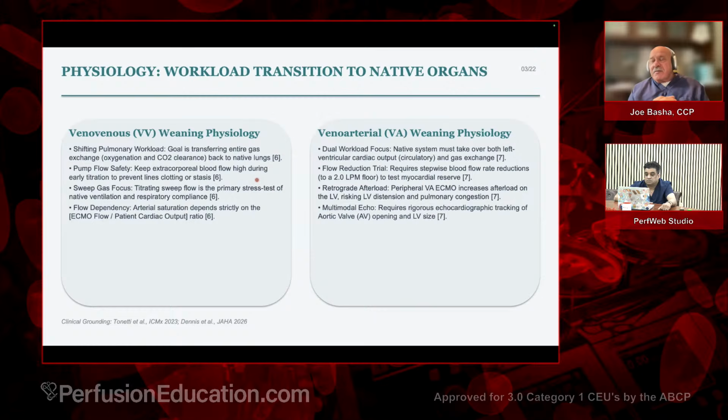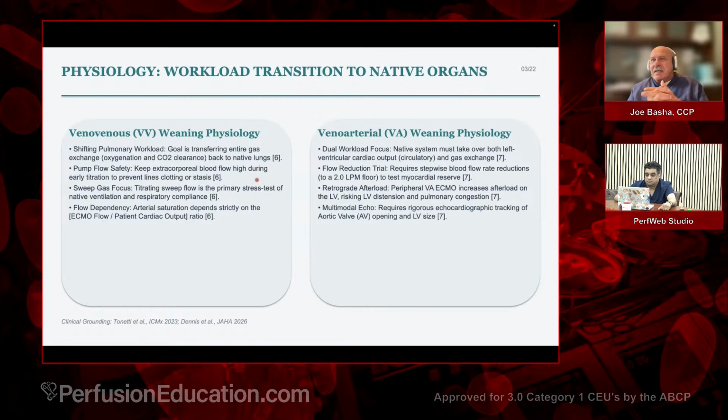Retrograde afterload: peripheral VA ECMO increases afterload on the LV, risking LV distension and pulmonary congestion, so you have to keep that in mind. And multimodal echoes requires rigorous echocardiographic tracking of the aortic valve opening and the LV size as you are continuing to wean, because if they're going to fail, you're going to see it on echo very, very readily.